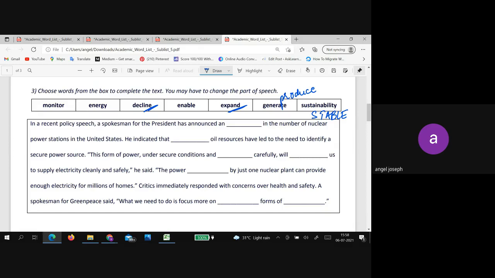So take 3 minutes and look at this. I'm not going to help you. Look at it. The form of the words may have to change, so please pay attention to that.